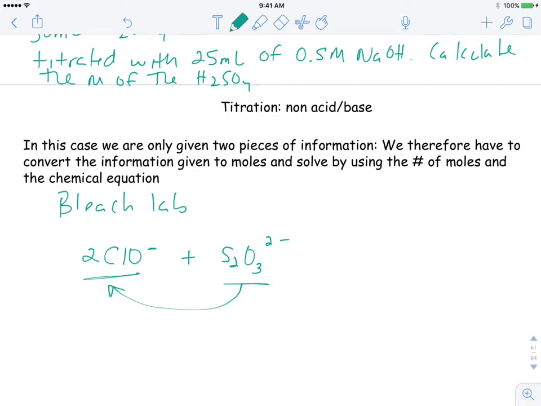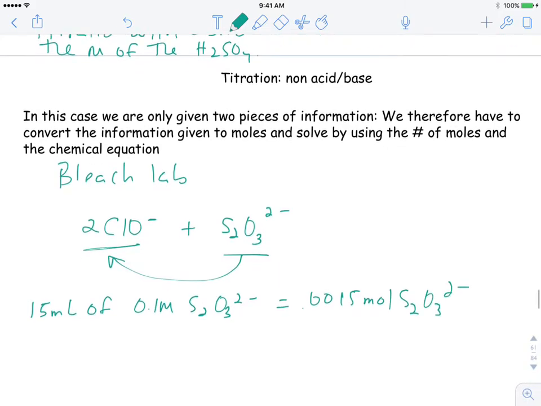So in the lab, let's say for example that you used 15 milliliters of 0.1 molar thiosulfate ion. Well, you would convert this to moles. So when we do 15 divided by 1,000 times 0.1, we have 0.0015 moles of S2O3 2-.